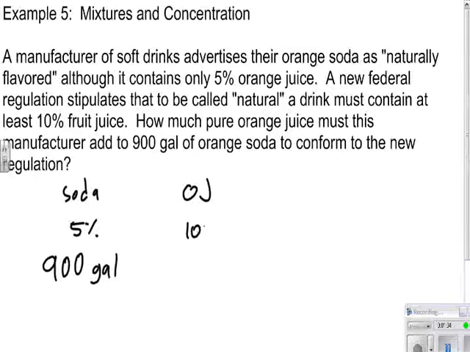It is 100% orange juice, and we can add as much as we need to that, so we'll call that our variable, because it's asking how much must we add. And then there's the new soda, which needs to be 10% juice, and will have a total of 900 gallons plus however much orange juice we add.